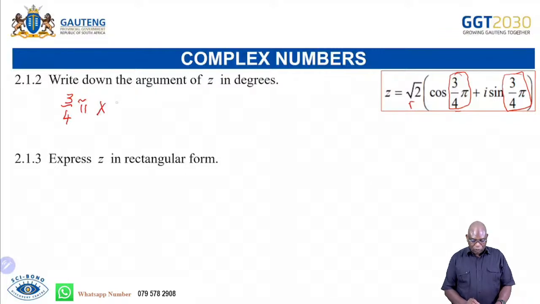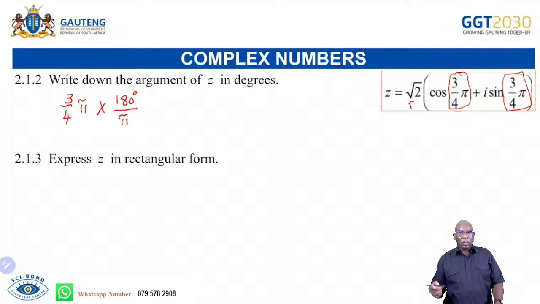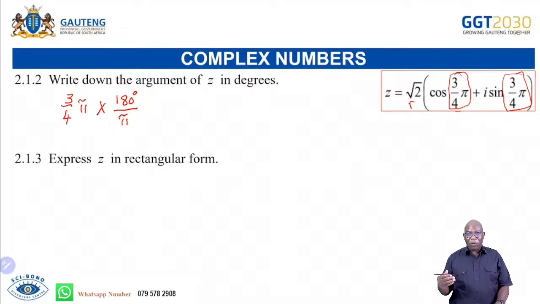We've done this. So it should be 180 degrees all over pi. So if I want to change degrees to radians, it will be pi over 180 degrees. In this case, I want to eliminate the pi, because remember there is 3 pi over 4, which is the same thing.